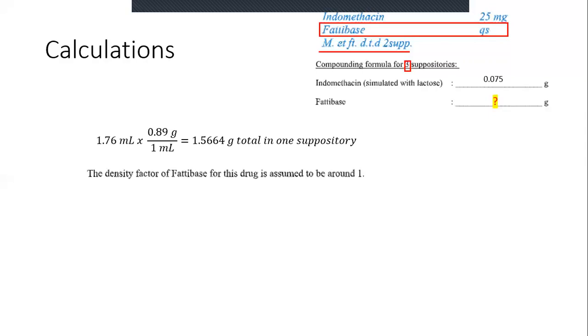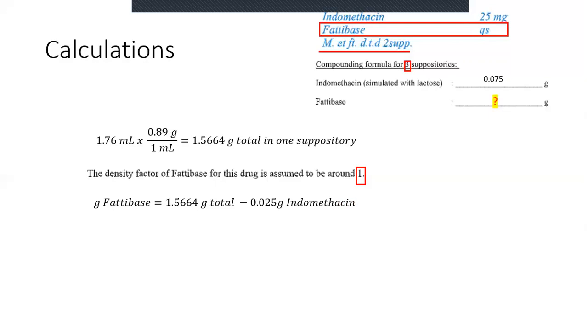Remember, earlier we read that the density factor of fatty base was assumed to be around 1. This means that there is negligible difference between fatty base and indomethacin that we would need to account for when calculating how much of each component to use. Therefore, to calculate the grams of fatty base needed, we can subtract the total amount of fatty base to fill a mold all on its own from the amount of indomethacin we know from our formula that will be in 1 suppository.